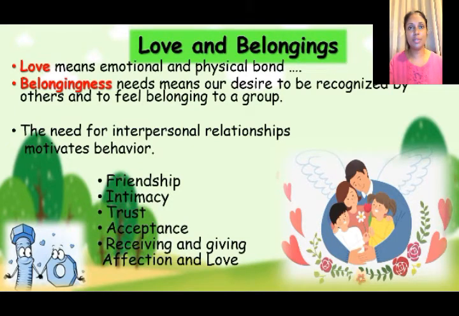Belongingness needs refer to our desire to be recognized by others and to feel belonging to a group. The need for interpersonal relationships motivates behavior, such as friendship, intimacy, trust, and acceptance, receiving and giving affection and love.